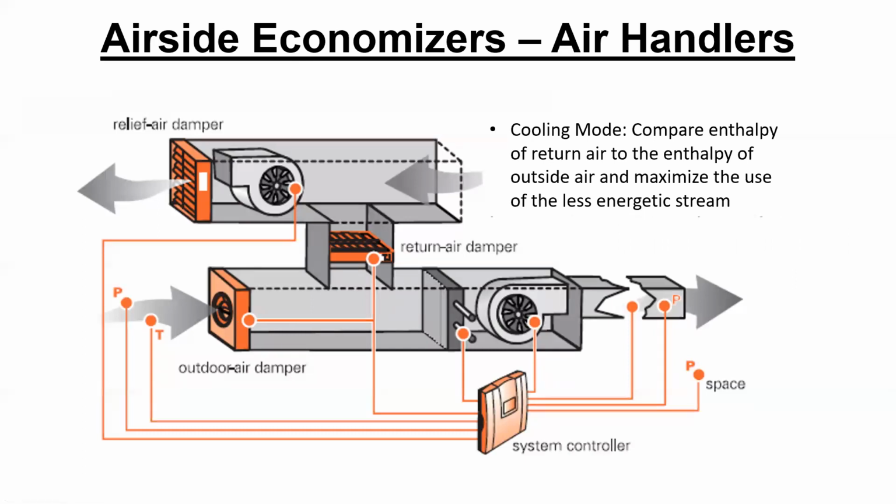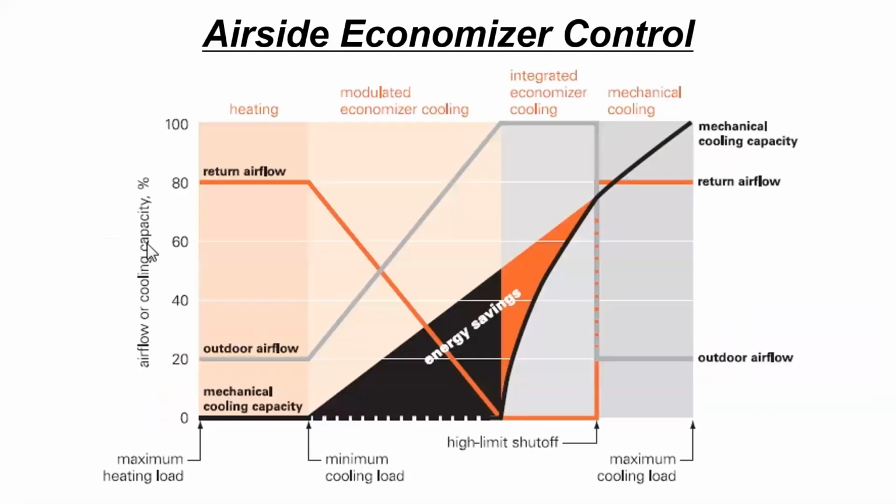By comparing the enthalpy of return air to the enthalpy of the outside air, we maximize the use of the less energetic stream. Here is a plot showing that usually we have 20% outdoor air mixed with 80% return air. But at some point, outdoor air is nice enough that we can increase the use of outdoor air and decrease the use of return air, all the way until we get maximum use of outdoor air: 100% air coming from outside, 0 from return.